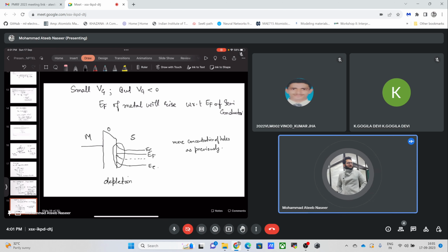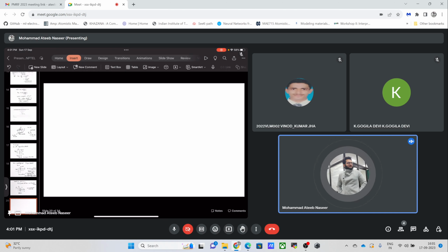This results in band bending, and the intrinsic Fermi level will bend so much that it comes very close to the Fermi level. For example, let me draw it. When I apply a large Vg less than 0, I will have a larger slope compared to the previous case.